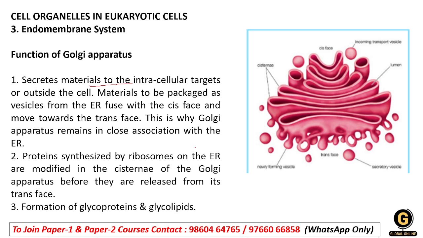It is used in packaging and processing, also used in delivery and the secretion. So write it here. Packaging and processing मध्ये used होत आहे. Is it clear? Next is it is used in delivery or the secretion.